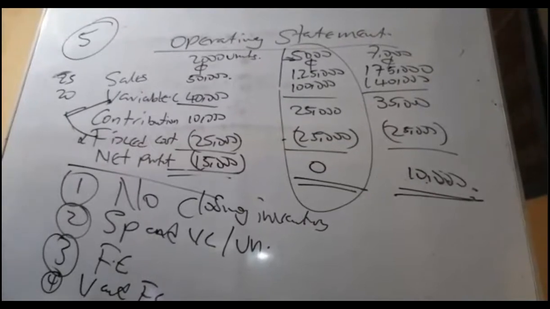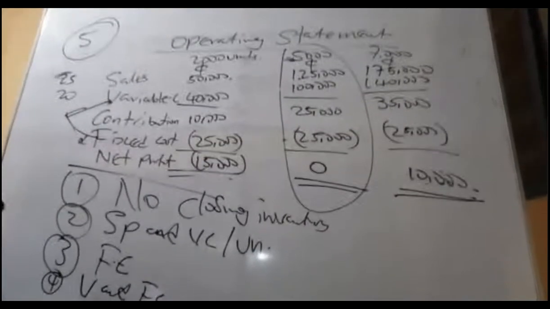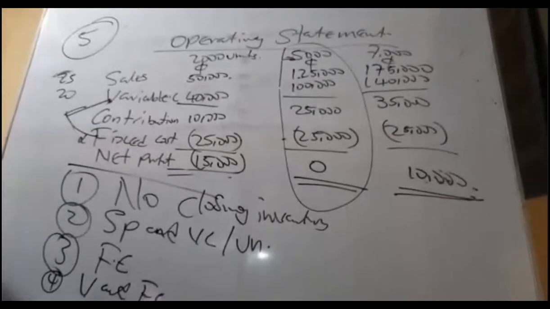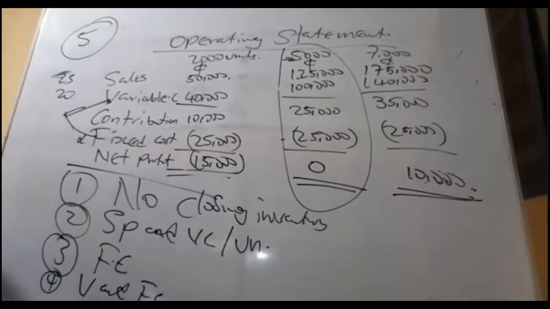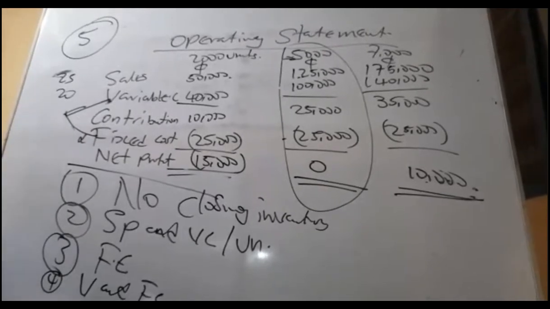It also assumes that the company produces and sells only one product, comma. This is a pregnant assumption. So we write down the first point.